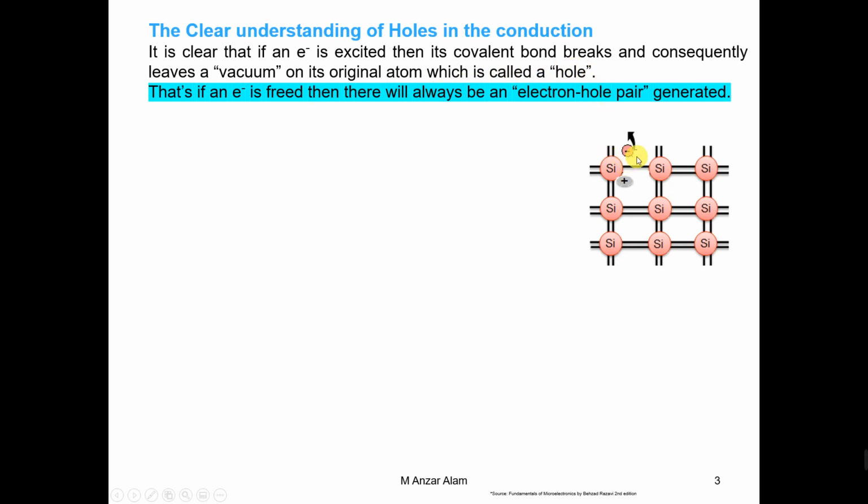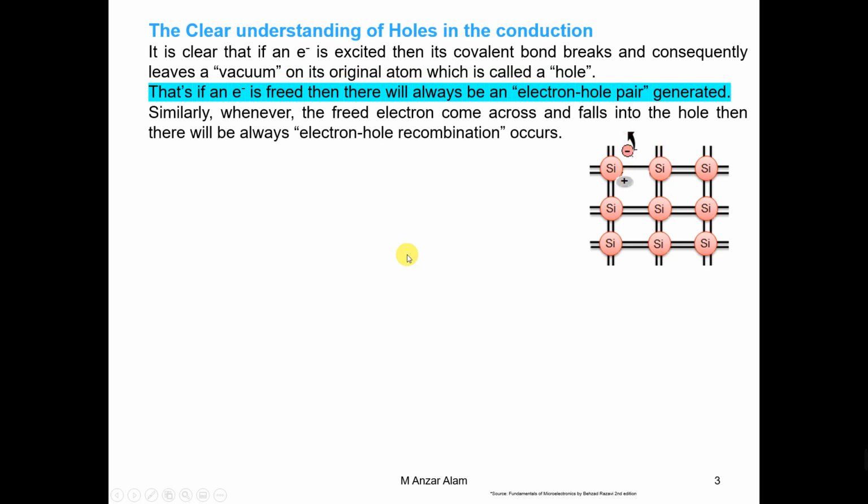The same moment the electron is moved, the positive charge, the hole, is also generated. So if an electron is freed, there will always be an electron and hole pair generated.